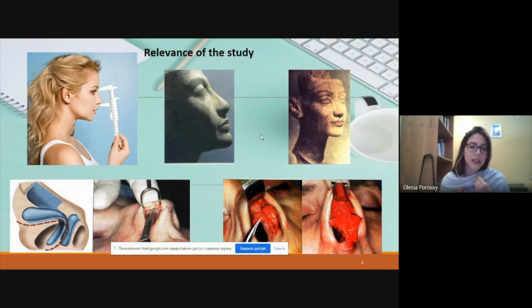Nowadays, medical literature has very blurred borders and indications for the choice of some types of rhinoplasty, and this choice of method, closed or open, influences the final result of the surgical intervention.